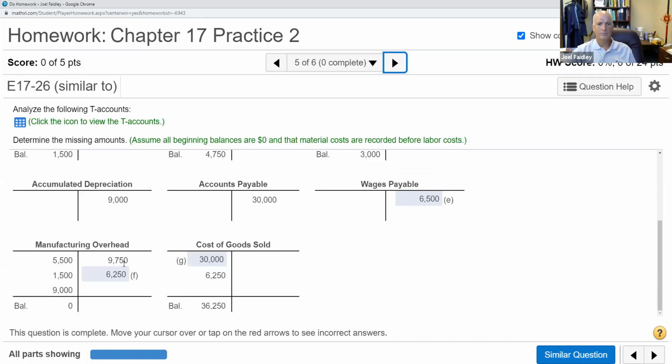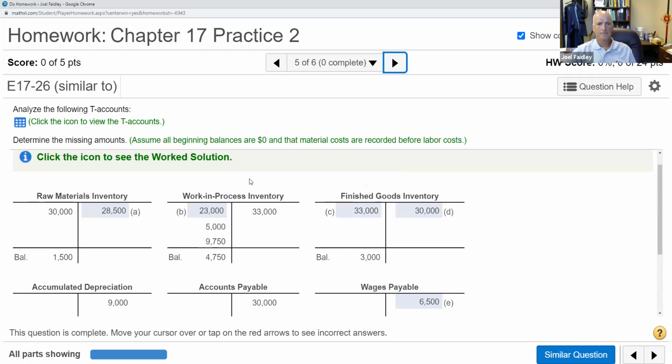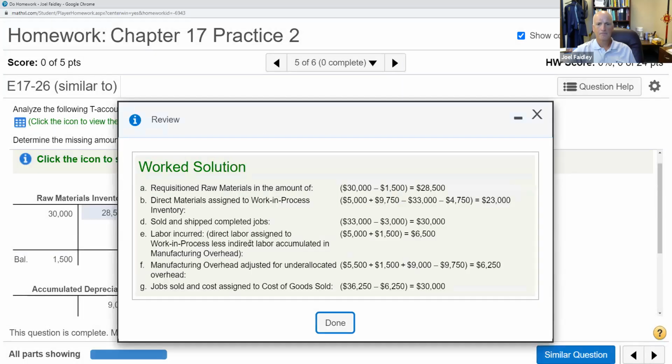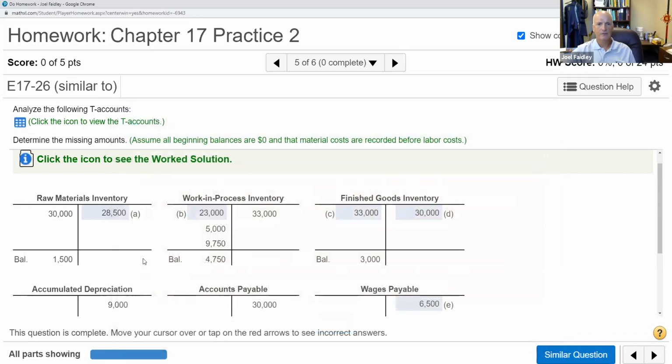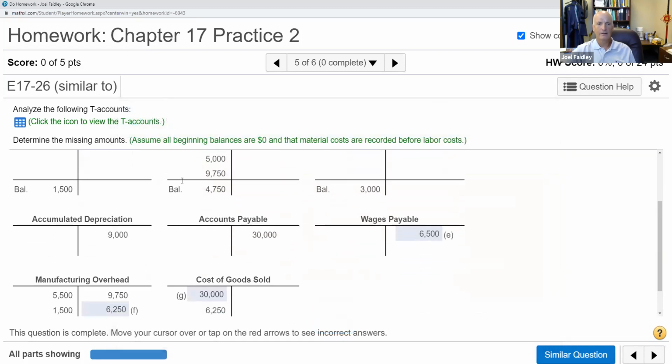But 9750 was processed out, meaning that's got to be 6250 to make this balance, right? So the labor is 5,000 plus the 1,500 is 6,500. Labor incurred, direct labor assigned to work in process. Ah, there it is. I see now.